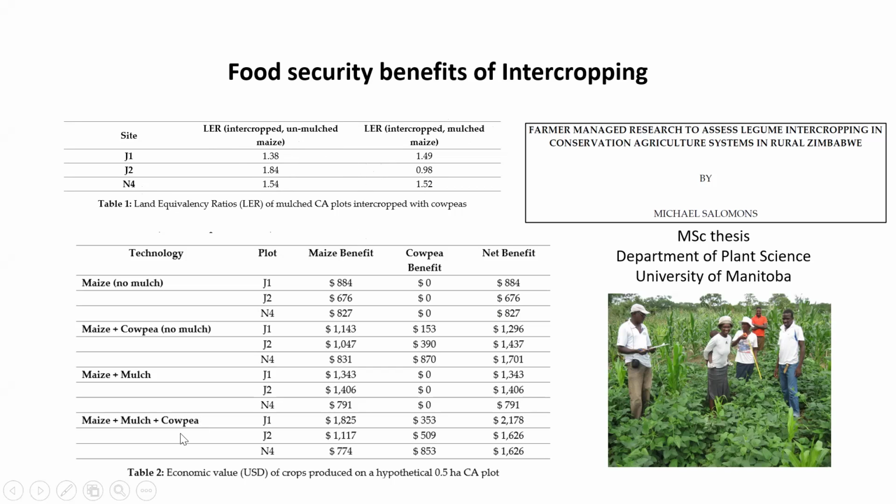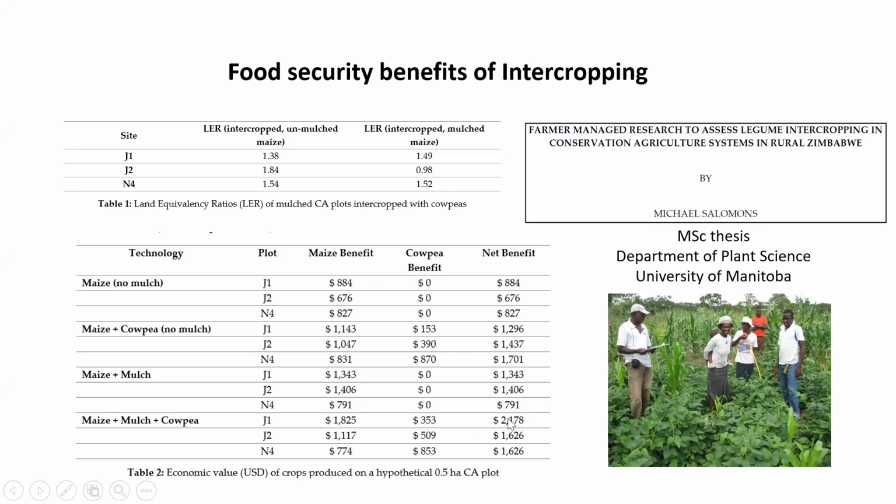Now, what this next table shows is the economic value of crops produced on a hypothetical 0.5 hectare conservation agriculture plot. And conservation agriculture means adding mulch and intercropping. So this shows the income from the maize, the income from the cowpea, and then the net benefit.